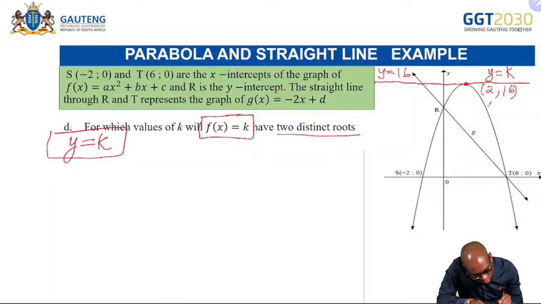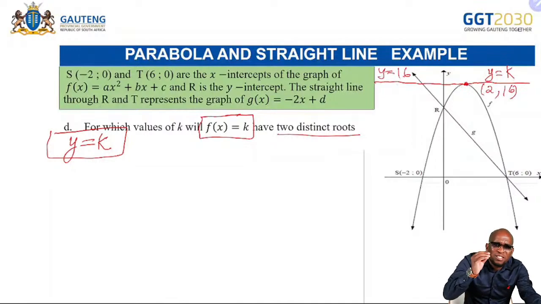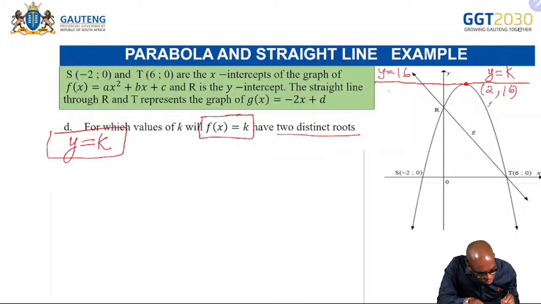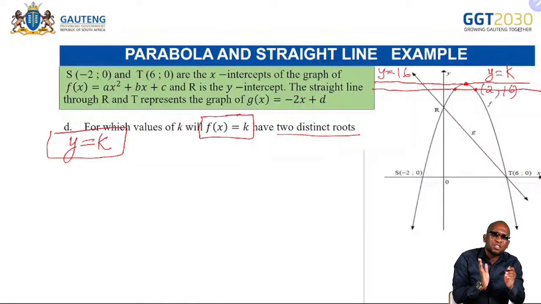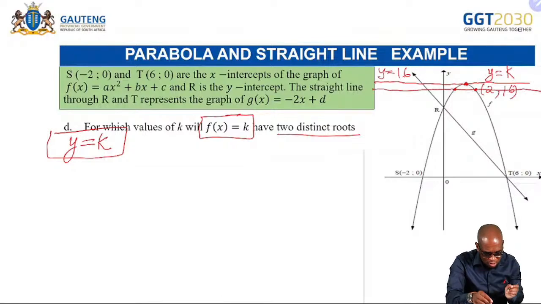It touches the graph only at the turning point. It touches the graph once, so it has one root. But if you are to move this line just down here, you can see now it starts touching twice, and it touches twice in two different places. So it has two distinct roots.